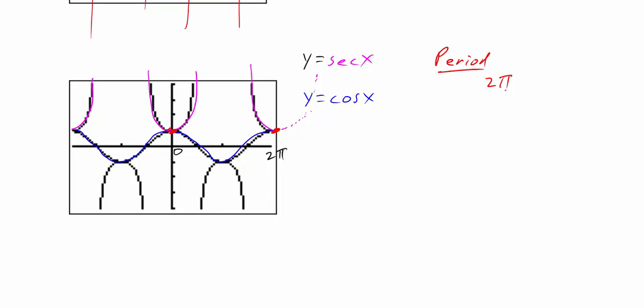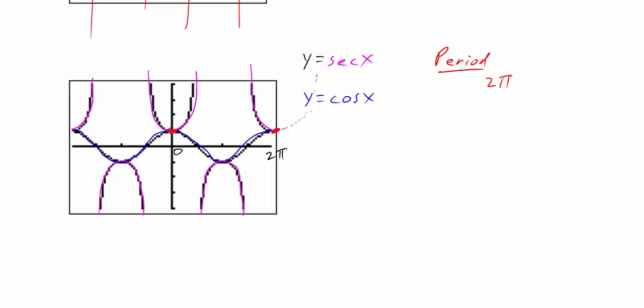So not to spend too much more time with this, hopefully you can see the relationship of how this is related to the cosine. So again, if you know the graph of cosine, then we can certainly look at the graph of your secant, because again we're going to end up with these u's or upside down u's or n's for the graph where it touches.